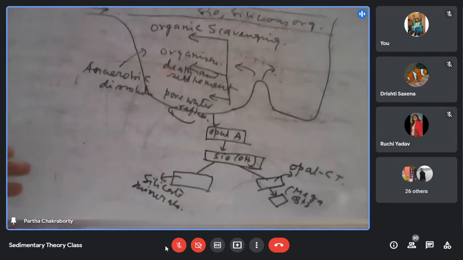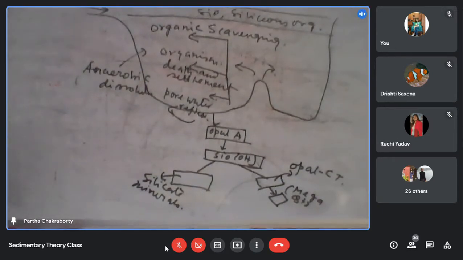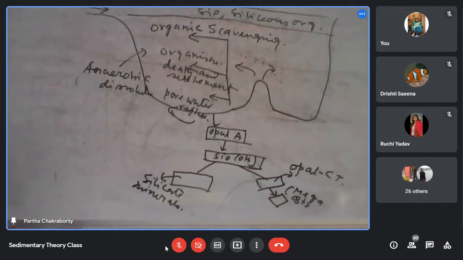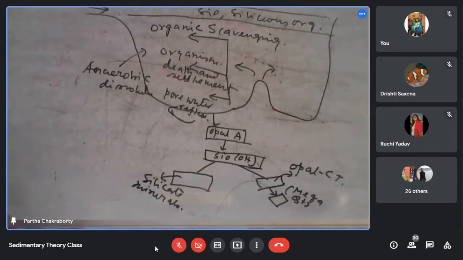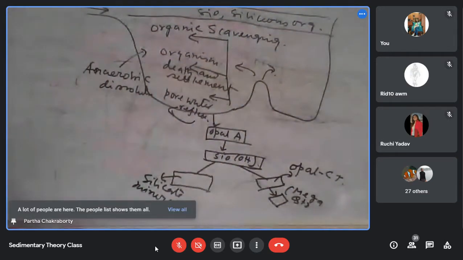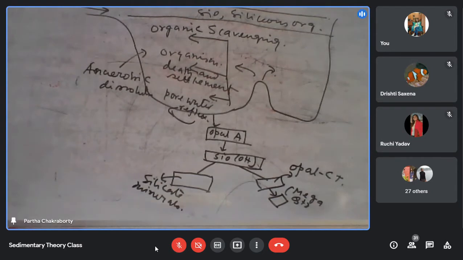Please let me know when it is done. Mega quartz. I believe it is done now.